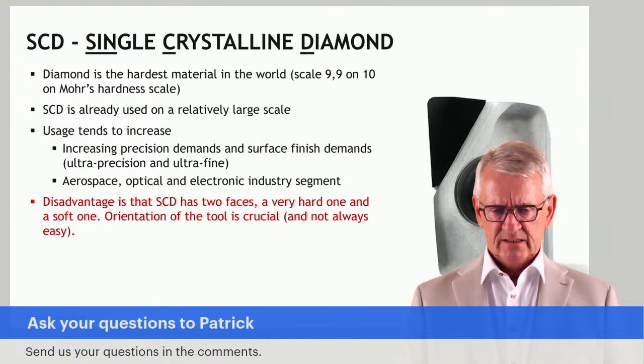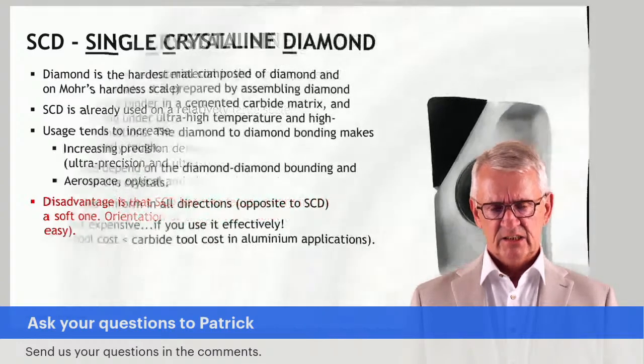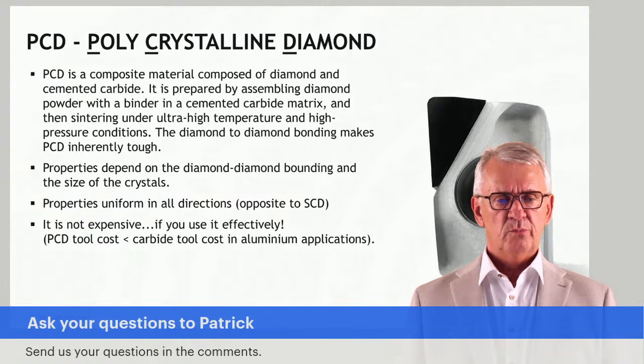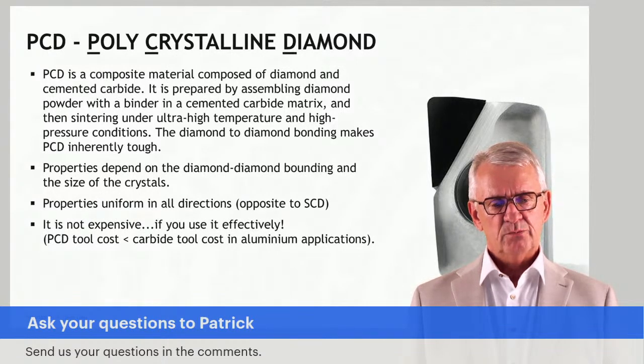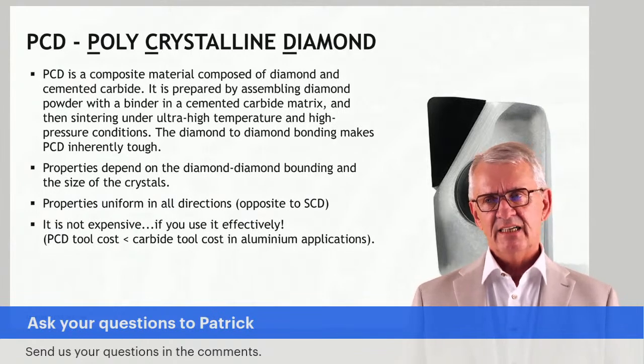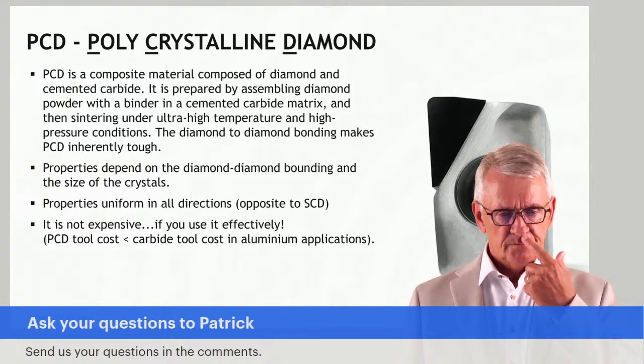For practical reasons, this is a bit tricky. We prefer much more, when we talk about machining metals or metal materials, the PCD form, the polycrystalline diamond. It's a composite material. It's partly diamond grains, it's partly cemented carbide, cobalt also, and it's kind of a cemented structure.